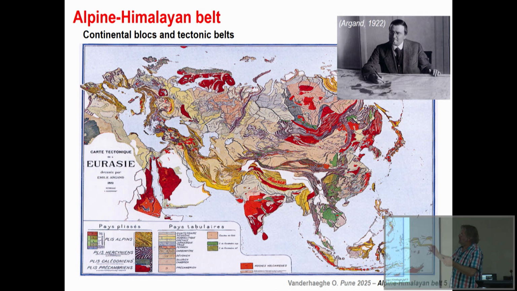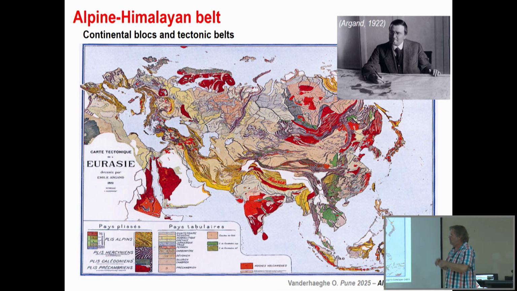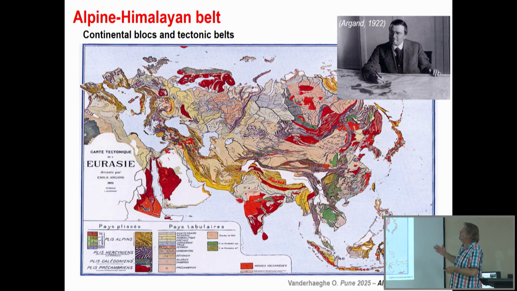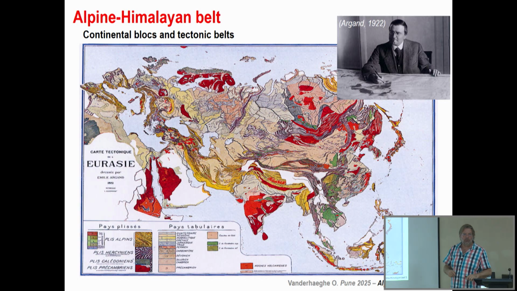Well, so let's start now with the general picture of the Alpine Himalayan belt, its constituents and the kinematics and the structure at depth. So the main continental blocks were identified by Argand, always the same guy, who was very productive. He published only 2 papers in his life, but very influential. One on the Alps and one on Himalaya Tibet.